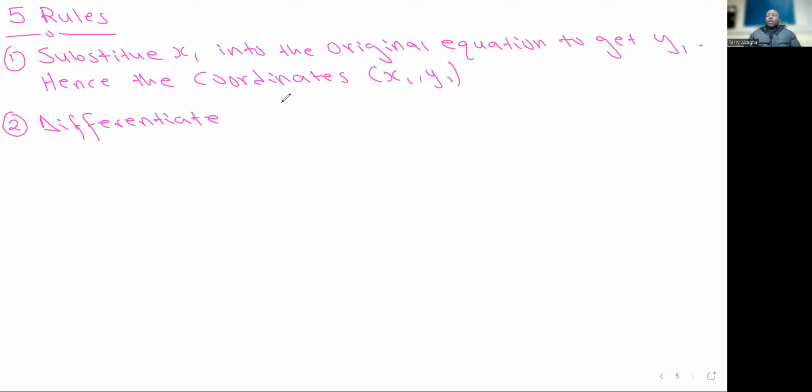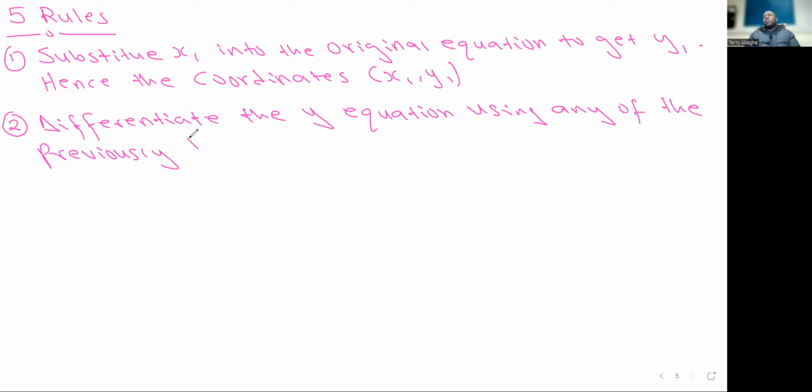So you have to differentiate the y equation. The y equation that was given to you, you have to differentiate it using any of the previously described differentiation mechanisms.